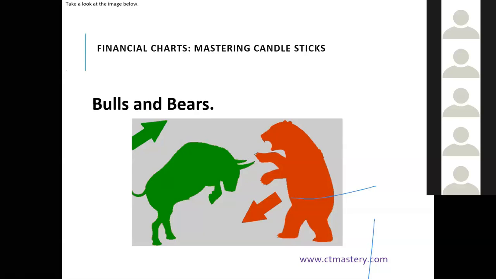So in summary, you can see the financial chart as a fight between two parties, the bulls and the bears. Sometimes the bulls are winning. When the bulls are winning, the price is increasing. Sometimes the bears are winning. When the bears are winning, the price is dropping. And sometimes both of them are resting.